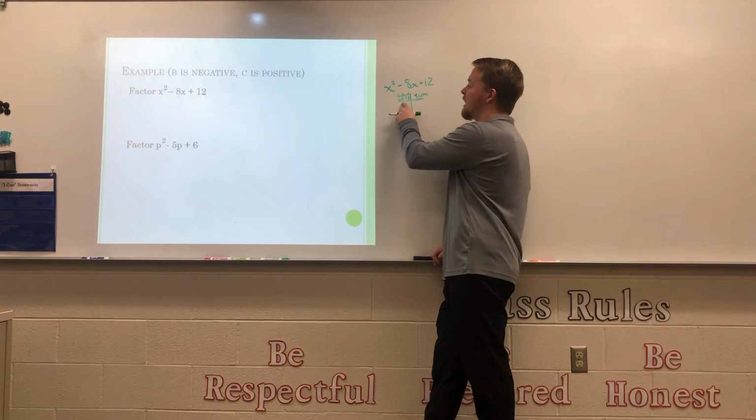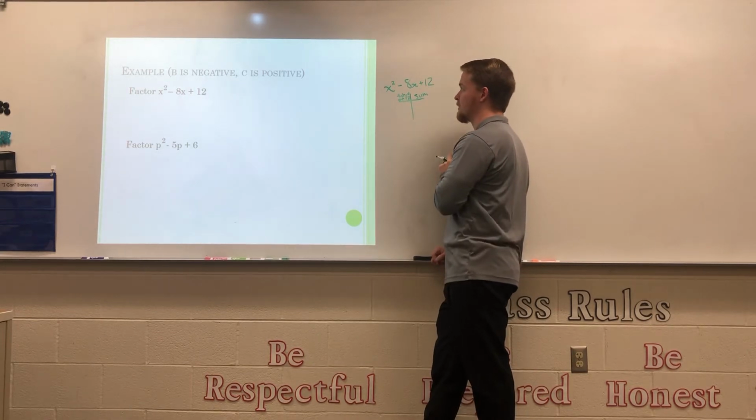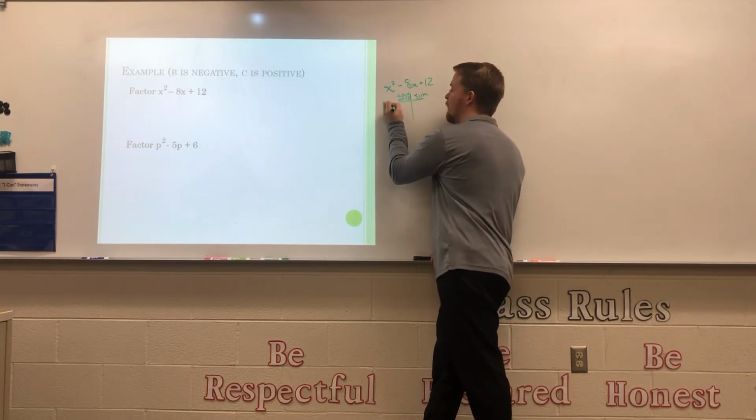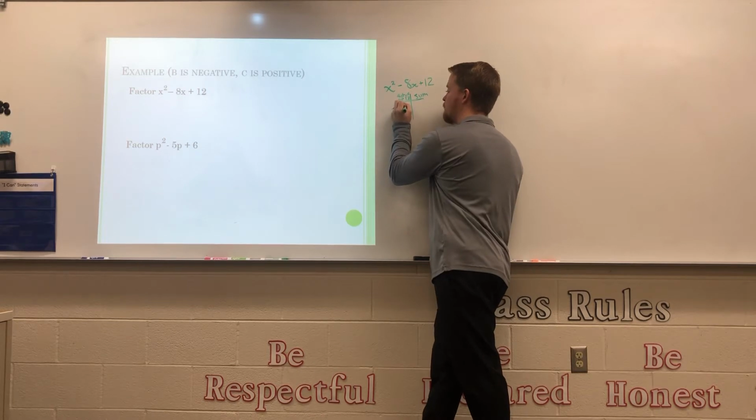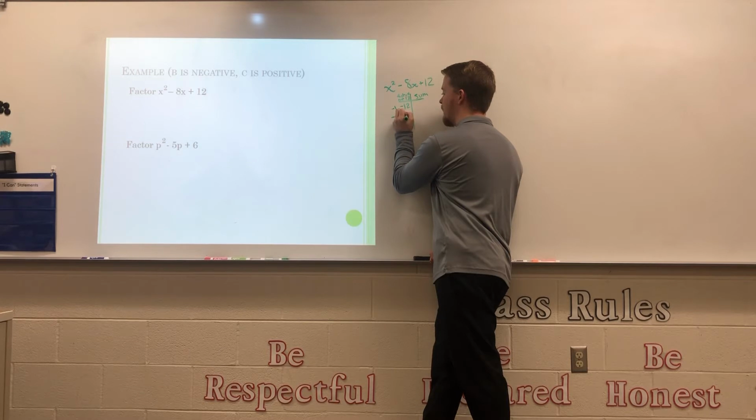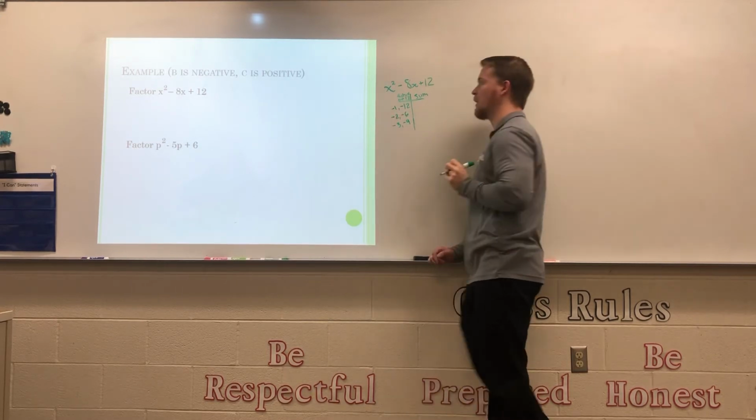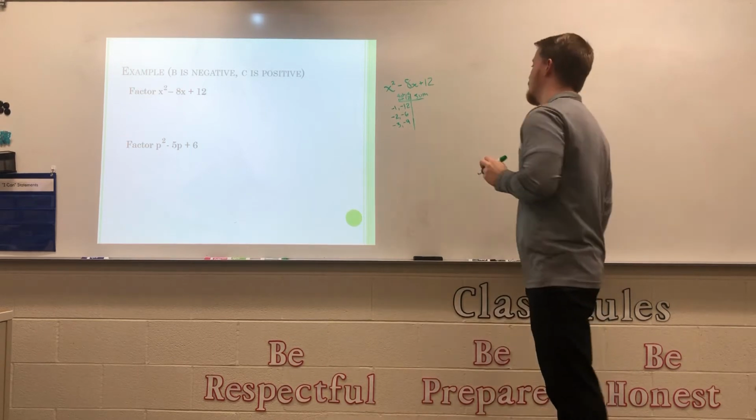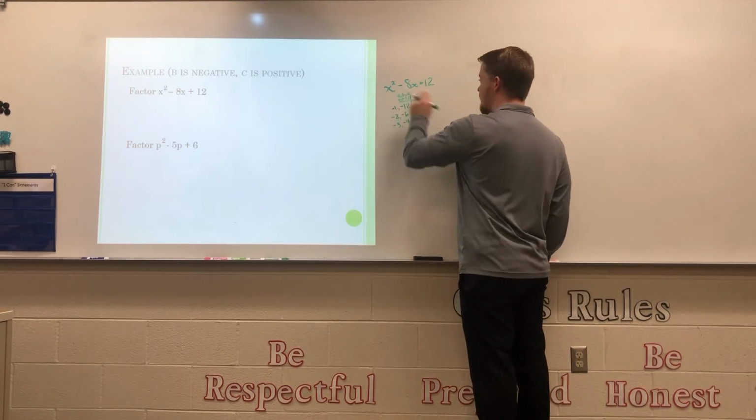So you're going to have two negatives for these factors. So factors of positive 12 will be negative 1, negative 12, negative 2, negative 6, negative 3, negative 4. Those are all factors of positive 12 that will add to be a negative number.